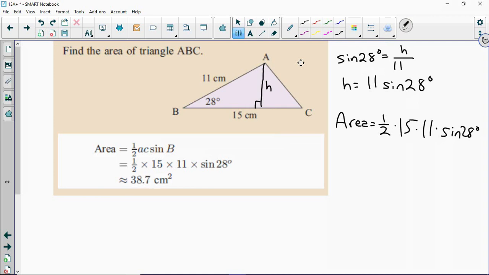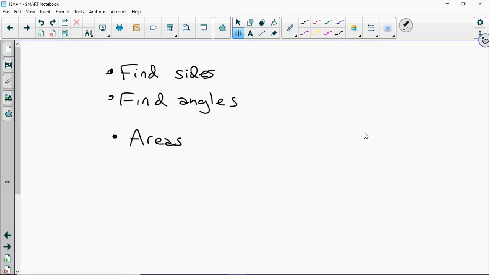Which means that you could rewrite that equation as h equals 11 times the sine of 28 degrees. And then we could go into 1/2 base times height. 1/2, the base is 15, the height is 11 times the sine of 28 degrees. But guess what? That's exactly what my formula said to do right away. So this is too much work. Just use the formula.